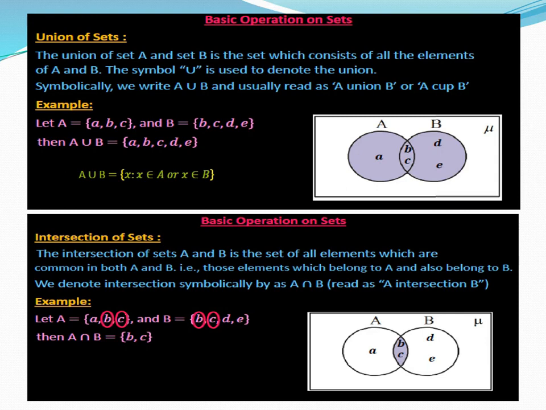Why? Because you need not write any element more than one time. You don't write repeated elements, only one time. So for the union of any two sets, you write the set of all elements contained in the two sets.